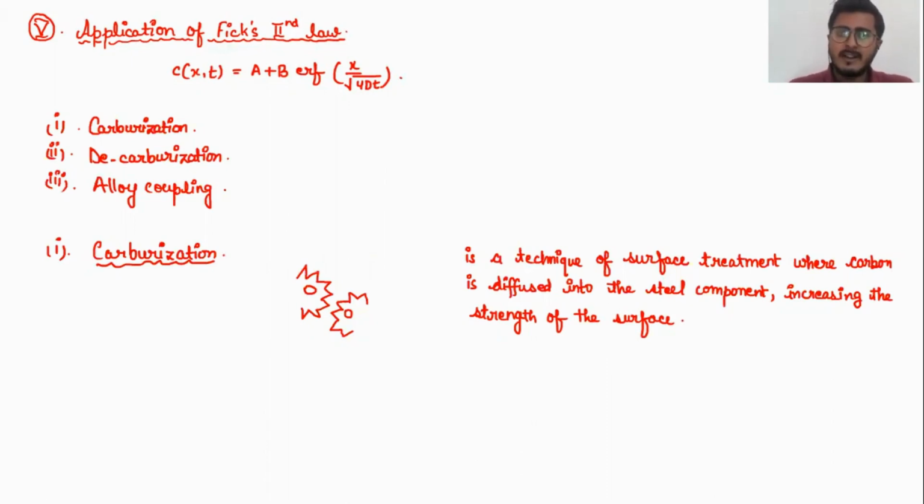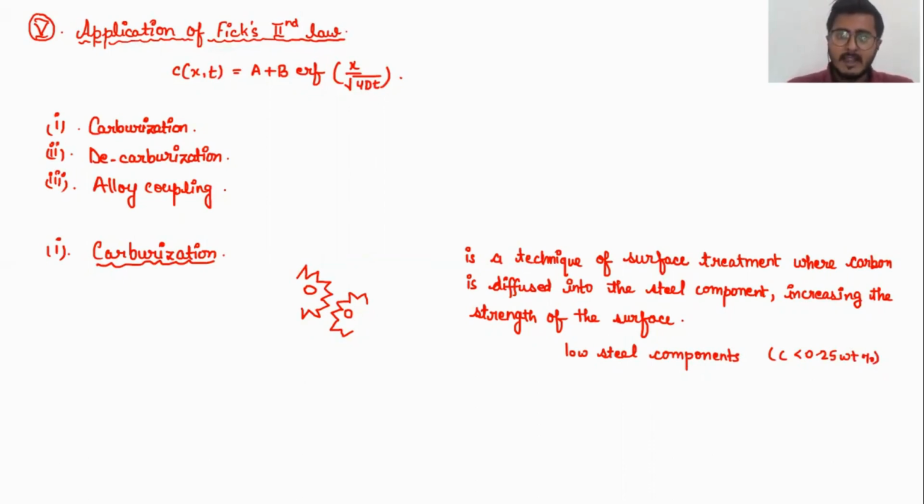What we need to understand is that carburization mainly holds true for low carbon steel components. What are low carbon steel components? Those steel components which contain a small amount of carbon, for example, carbon less than 0.25%. Such components are known as low carbon steel components.